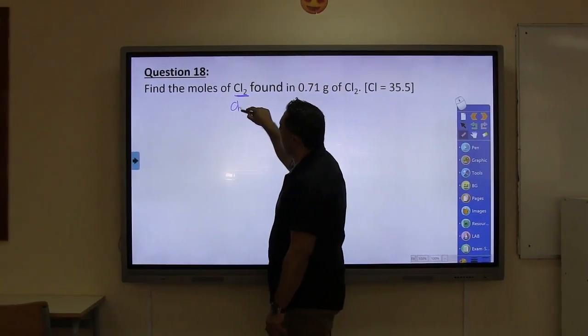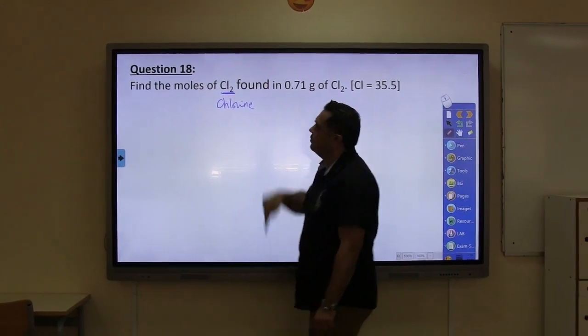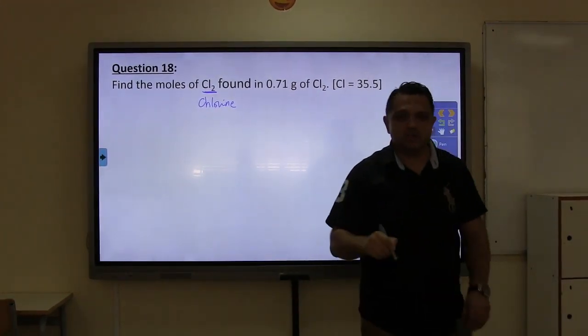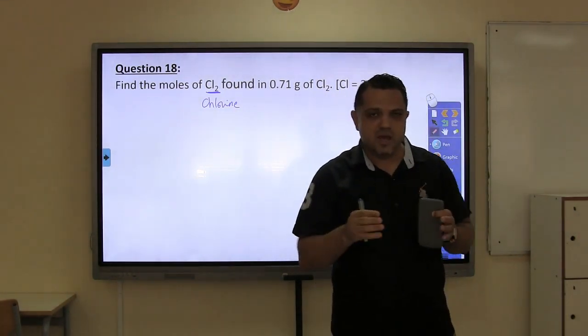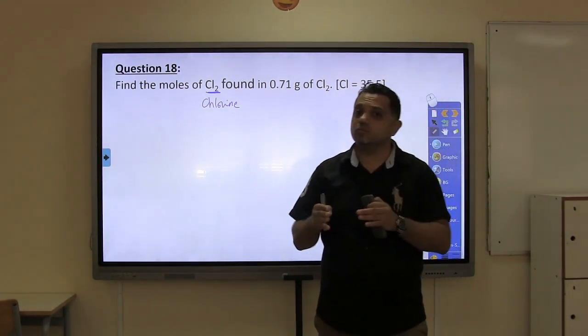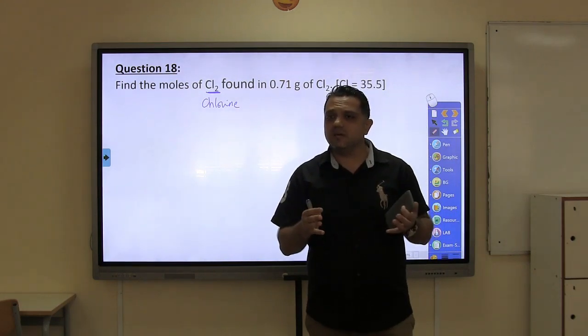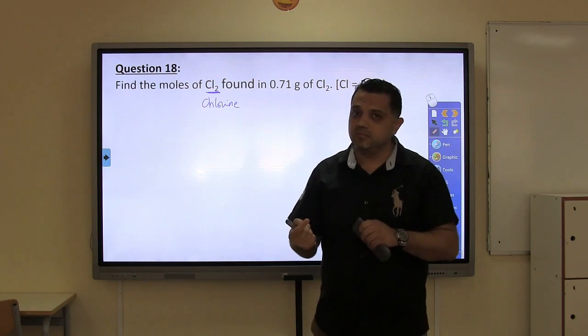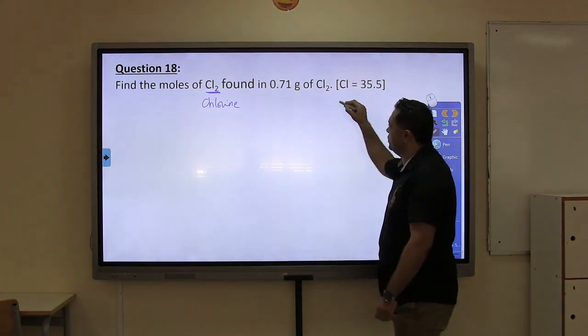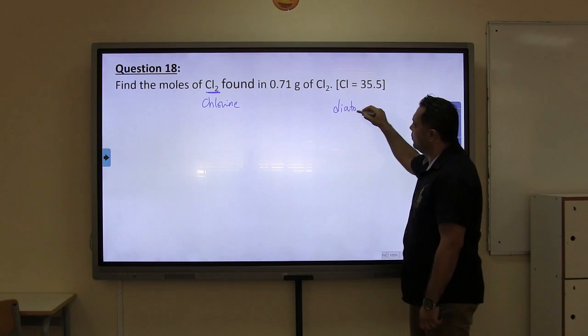If they mention only the name, chlorine, then you need to know that chlorine is one of the diatomic molecules, and it exists in nature as Cl2. This is a common mistake done by students, that they take chlorine as only one Cl. In fact, I just want to mention here the diatomic molecules.